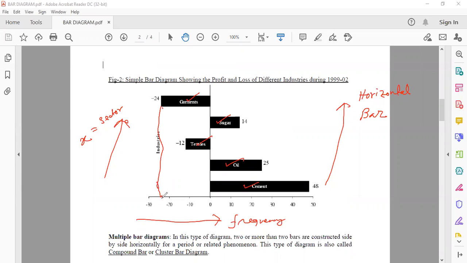So this point is approximately minus 24. আমি জাস্ট এক্সাম্পল দেখালাম একটা বোঝার সুবিধার্থে। So cement industry minus 24, textile industry minus 12.